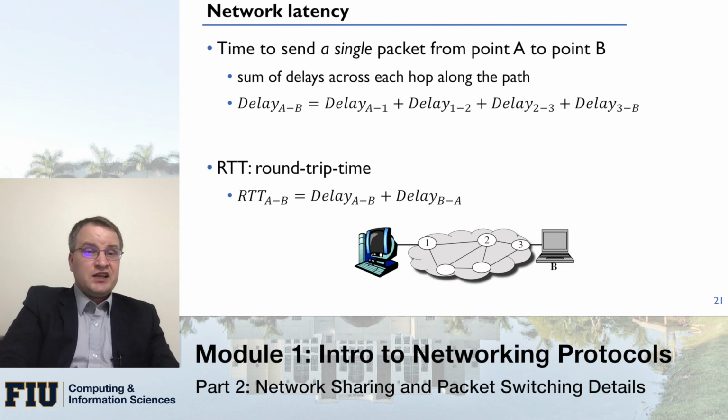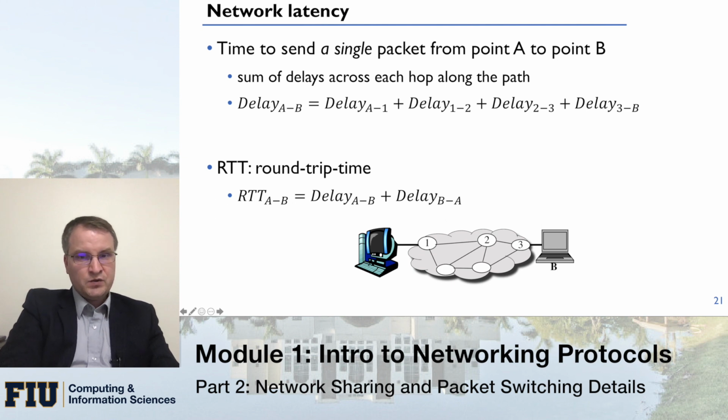What we can easily do is estimate the round trip time. The round trip time, sometimes referred to as network latency because it's an easy element to calculate, is effectively the time to send a packet and receive some kind of reply. In the simplest case, this would be the same delay multiplied by 2, but it's actually not the case in many cases.